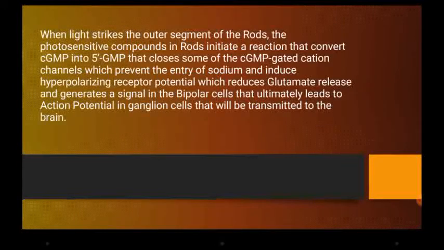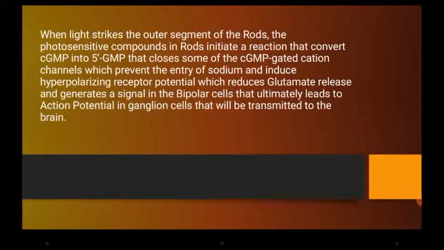When light strikes the outer segment of the rods, the photosensitive compounds found in the rods initiate a reaction. That reaction converts cyclic guanosine monophosphate into 5' GMP.